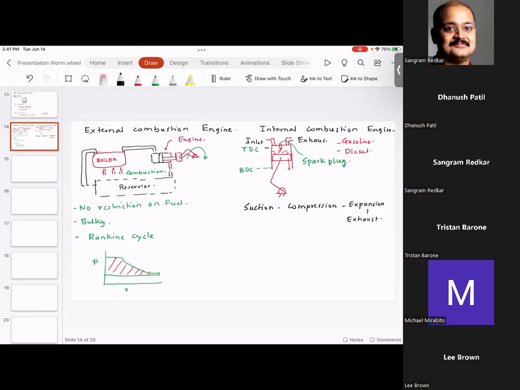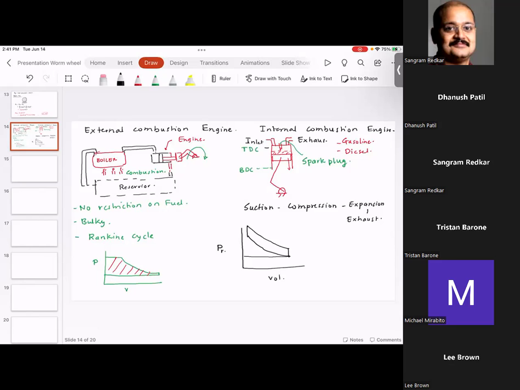As I said, for the gasoline engine, let me show you how the pressure versus volume diagram looks. This is pressure, this is volume. First you have the suction, then you have the compression, and then you have the heat addition, expansion, and exhaust.